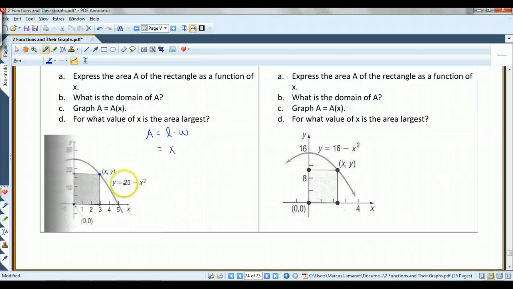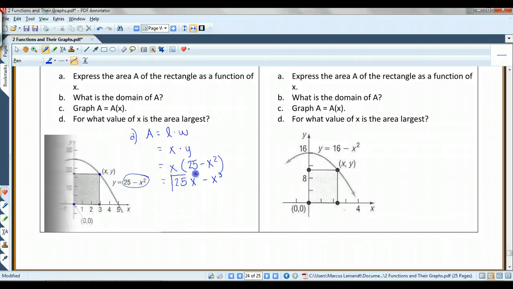And you know that y equals 25 − x². So I'll write this out. x times y, and we know that y equals 25 − x². So x times (25 − x²). If I distribute the x, I get 25x − x³.